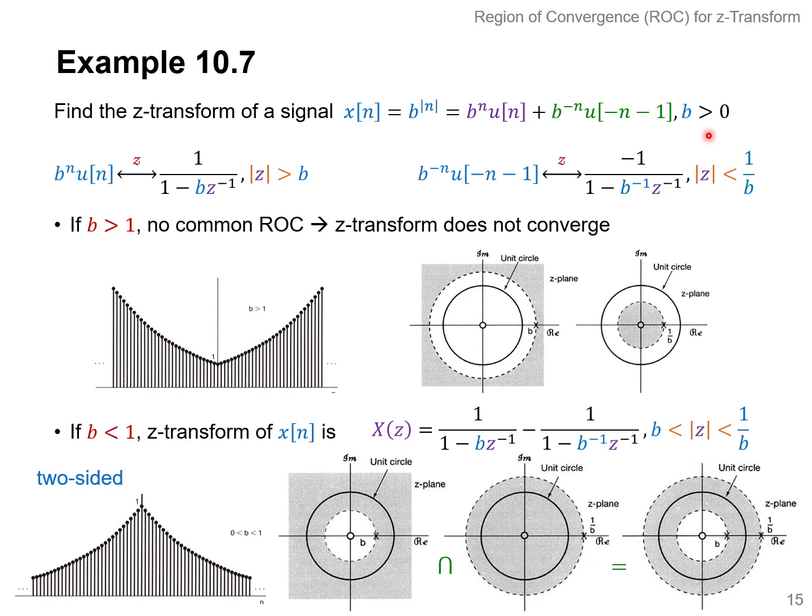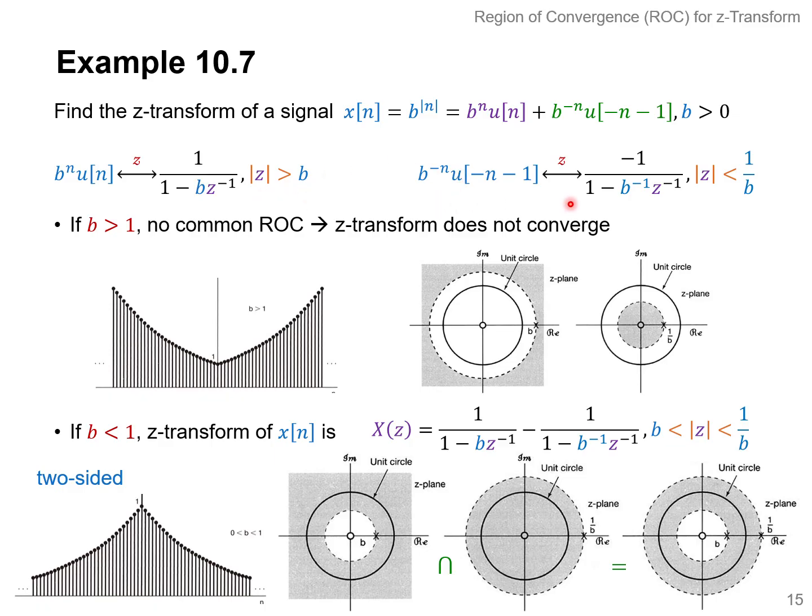Because the signal has both sides, the ROC depends on both parts. For the right-sided signal, the Z-transform has an ROC outside a circle with radius B. So the ROC is the magnitude of Z greater than B.